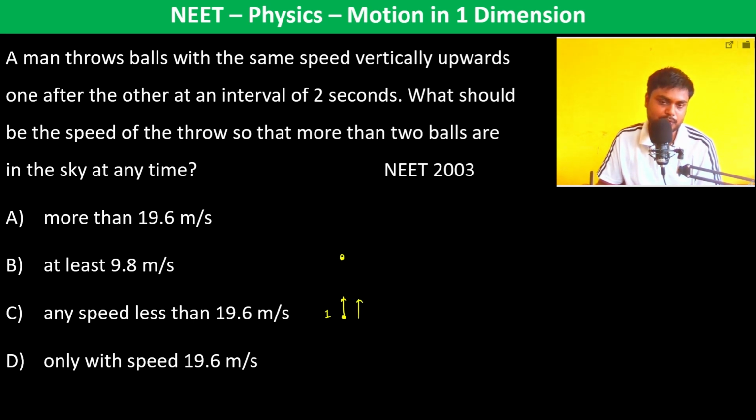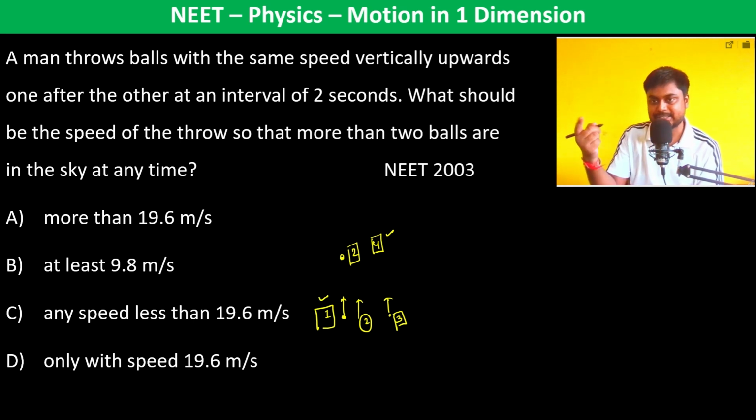Then the second ball is thrown; the first ball has already traveled 2 seconds. Then the third ball is thrown, so the first ball has already traveled 4 seconds. For more than 2 balls, at least the third ball should be in the air, so the first ball should travel for more than 4 seconds.